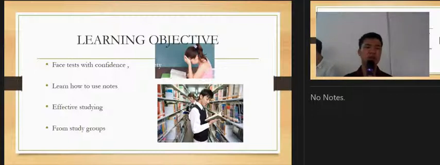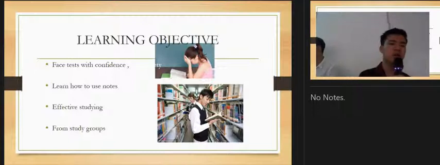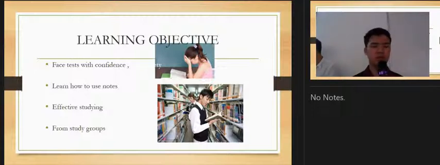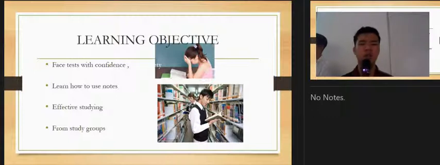The second is how to use your notes, not just for the test, but for learning. The third is to use strategies for effective studying. And the last, you can form study goals for better studying.